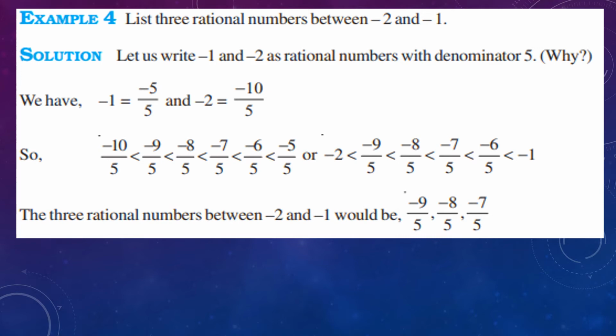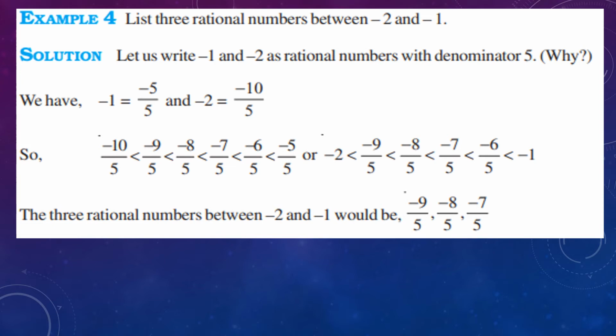Then we can write negative 2 and negative 1 as rational numbers with the denominator 5. First, you can write negative 2 as negative 2 by 1, and negative 1 as negative 1 by 1. And then you multiply numerator and denominator by 5. You will get negative 1 as negative 5 by 5 and negative 2 as negative 10 by 5.